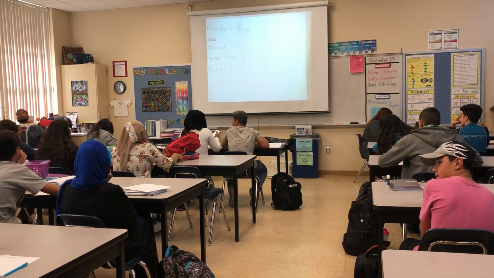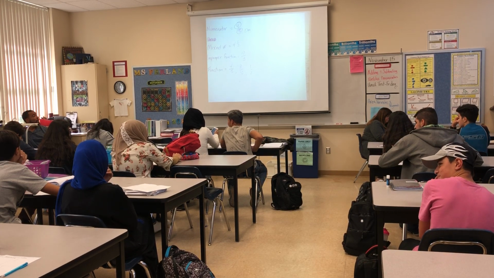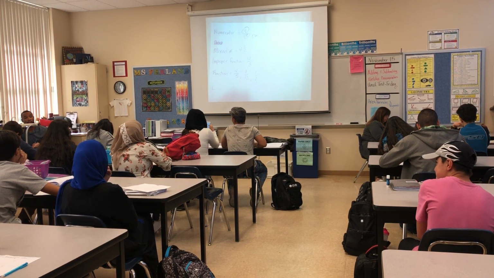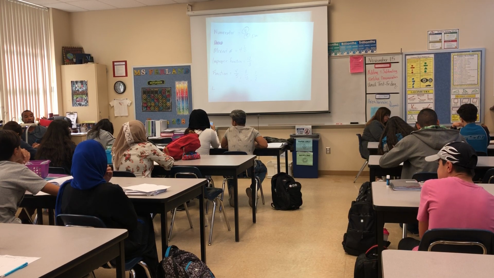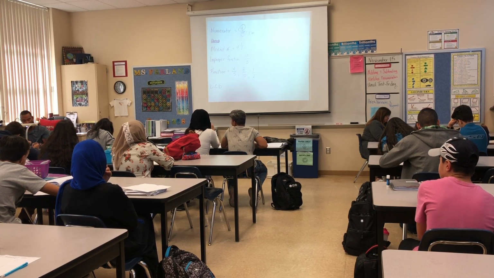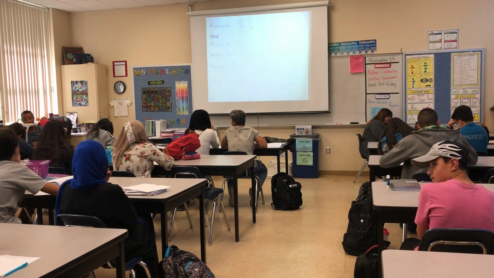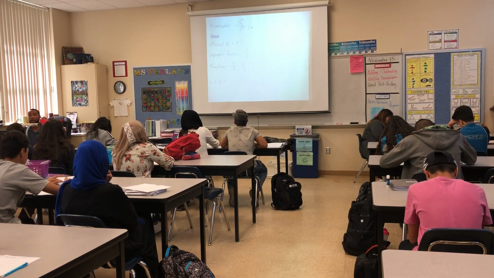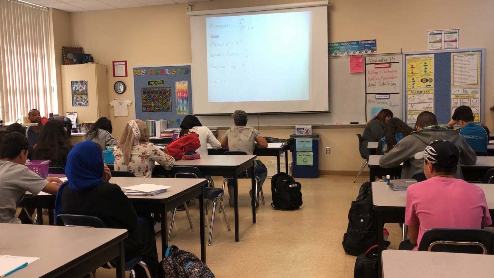The last thing we need to know when we're working with fractions is the least common denominator, the LCD. That's going to help us solve fractions when they have opposite denominators.